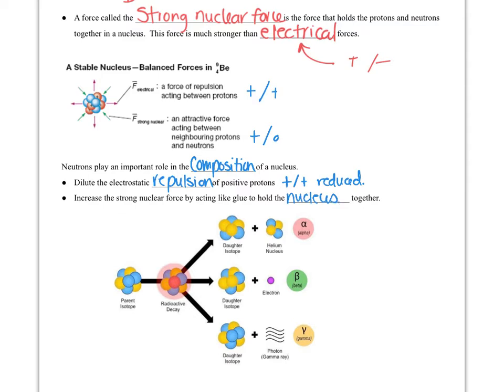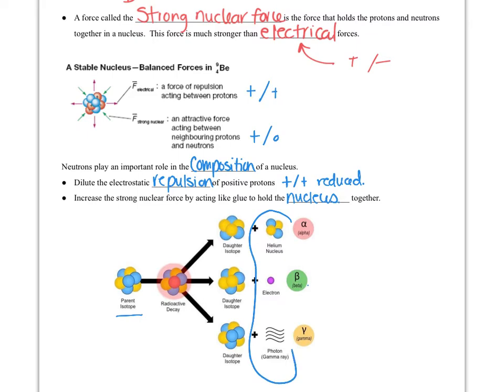So we're going to talk about 3 different types of decay. We take a parent isotope, so a parent element, and they undergo or can undergo radioactive decay. They can undergo alpha decay, they can undergo beta decay, and they can undergo gamma decay. And we're going to talk about each one of these.